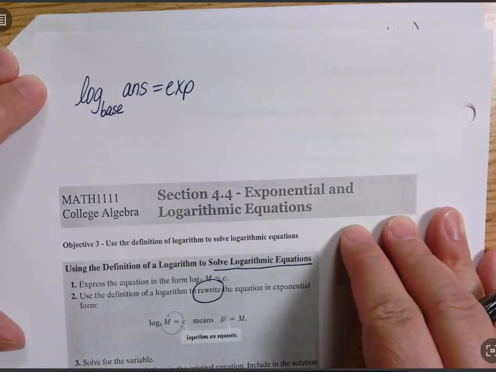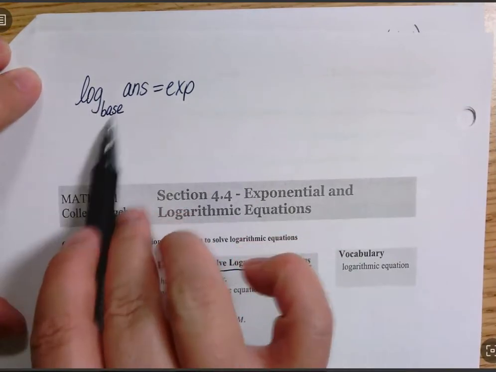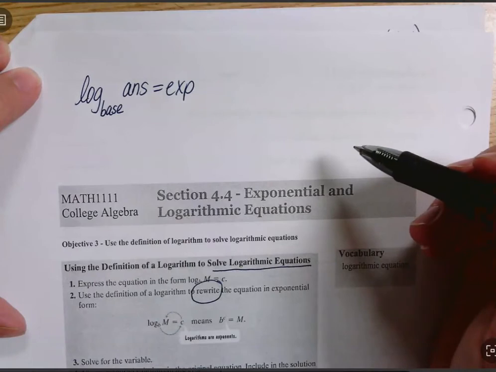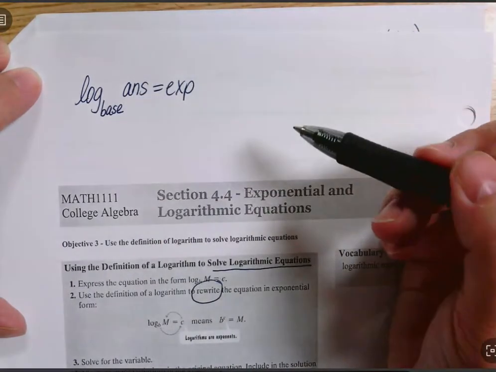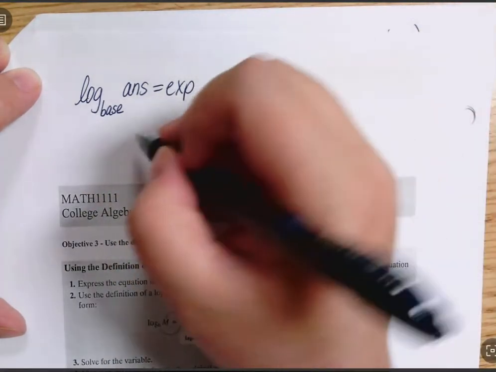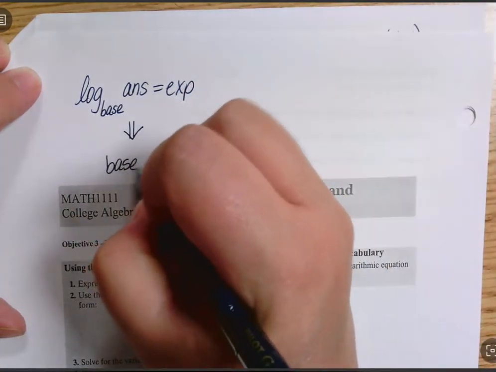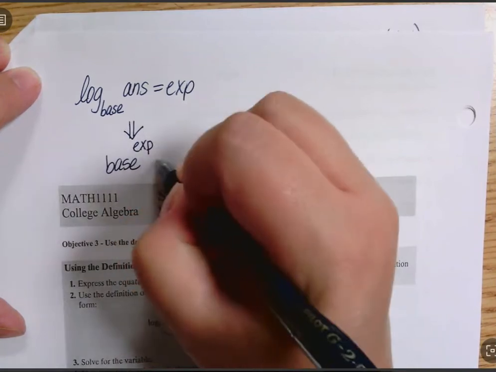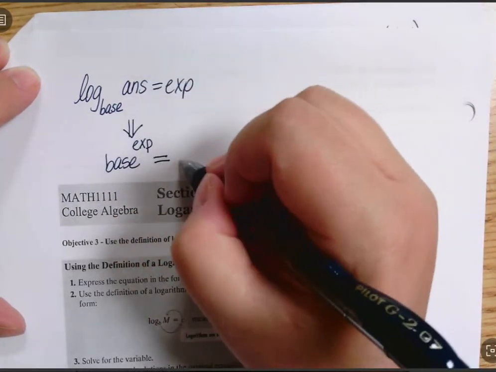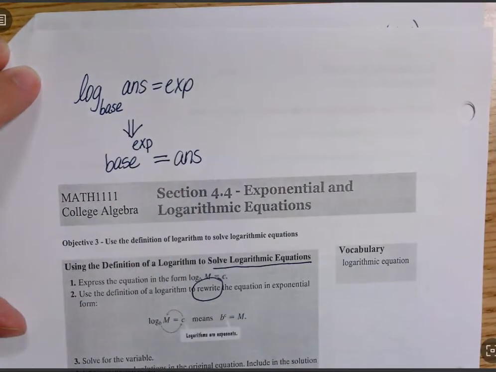When I look at a logarithmic equation, I see log base answer equals exponent. Answer is not the best word for it, but this is just what we're calling it. What this means is when I transition this to an exponential, I have my base to my exponent and then equals the opposite side, the thing that's on the opposite side by itself.